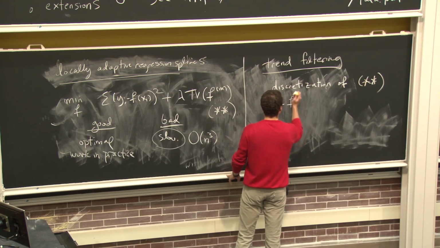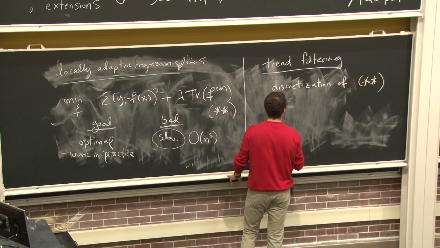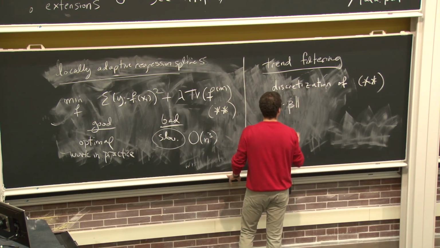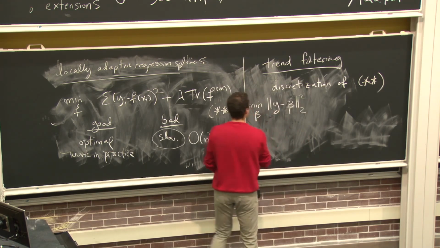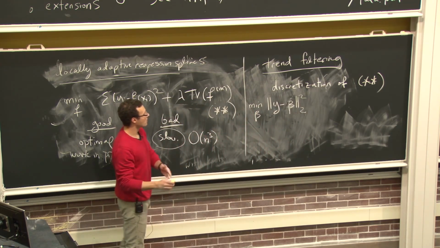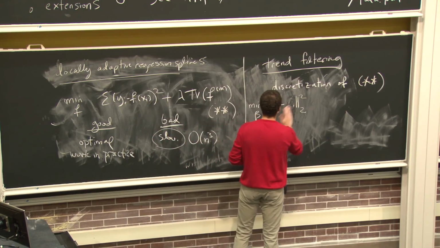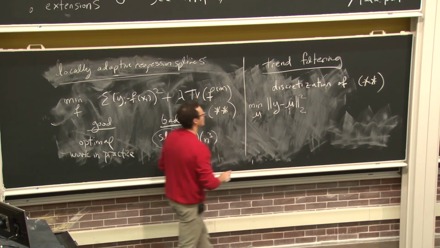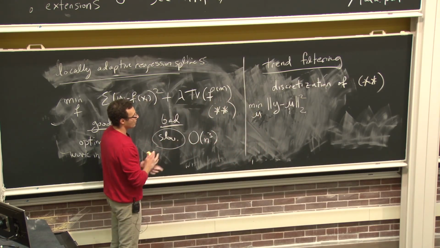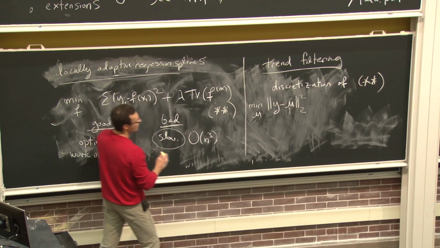Let's call a vector of fitted values beta. So for every y, I'm going to estimate its mean by beta. Actually, let me use mu. That's probably more clear. So these are my estimates. I'm going to solve this problem to get estimates at the points, y hat. So that's just exactly this.